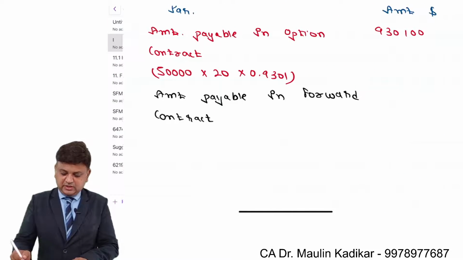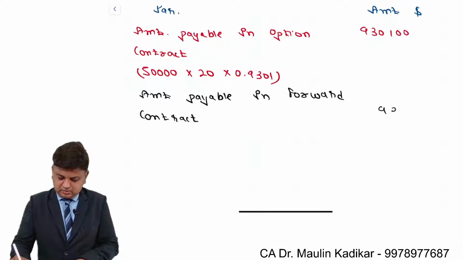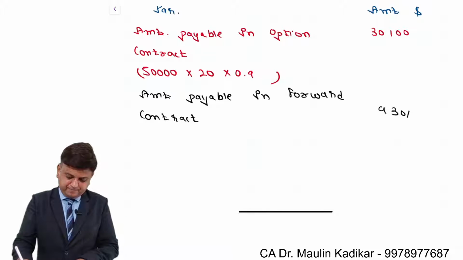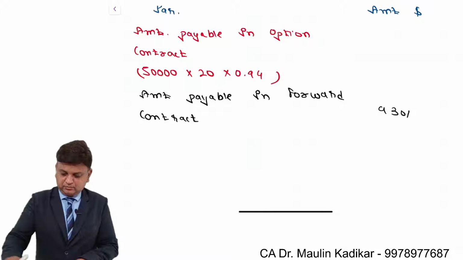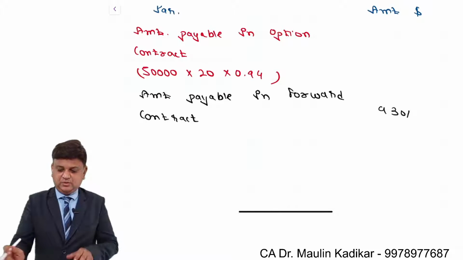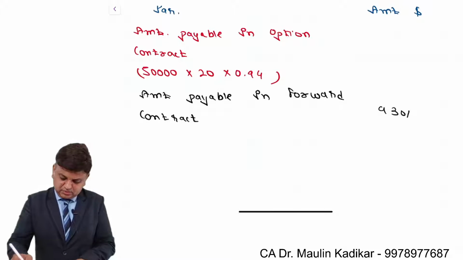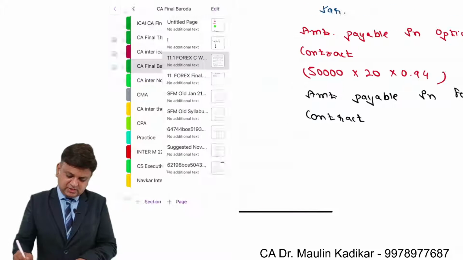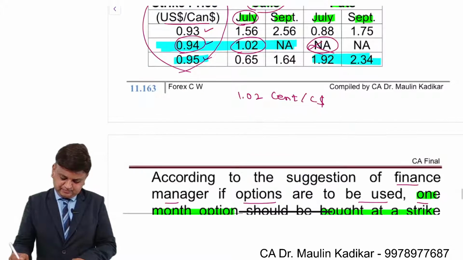Oh, I'm sorry, I have taken over here wrong. This is 94, I'm sorry. It is 0.94. So 50,000 into 20 into 0.94. So 9,40,000. Because the exercise price is 94 cents.